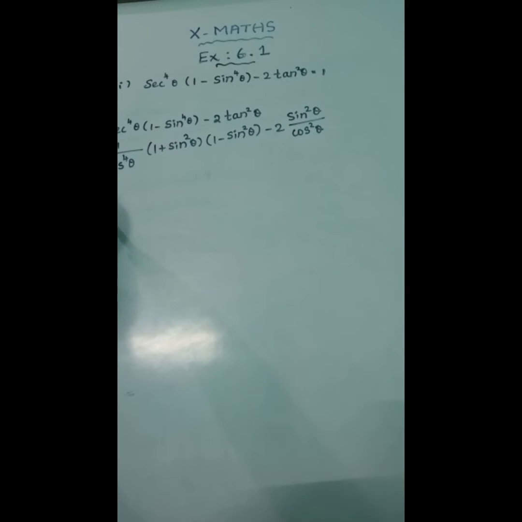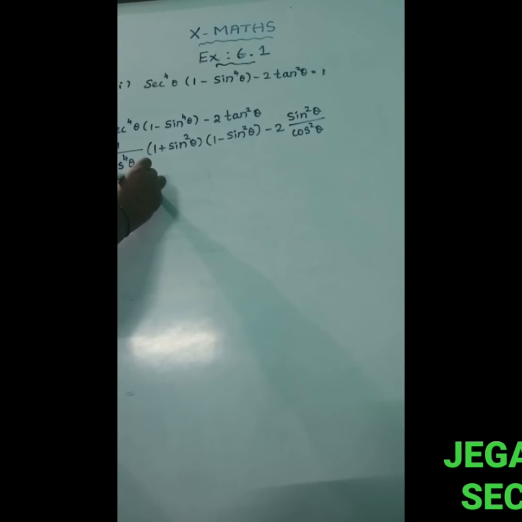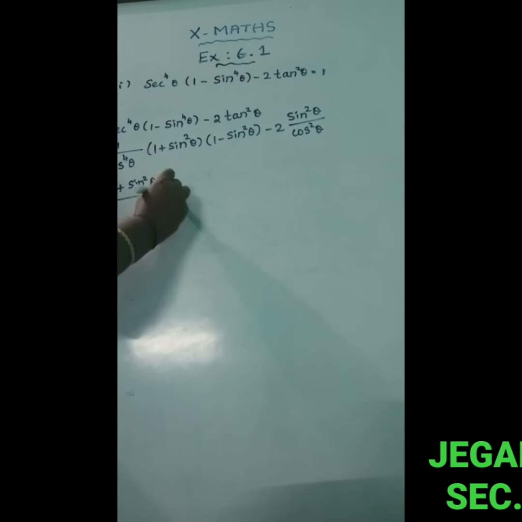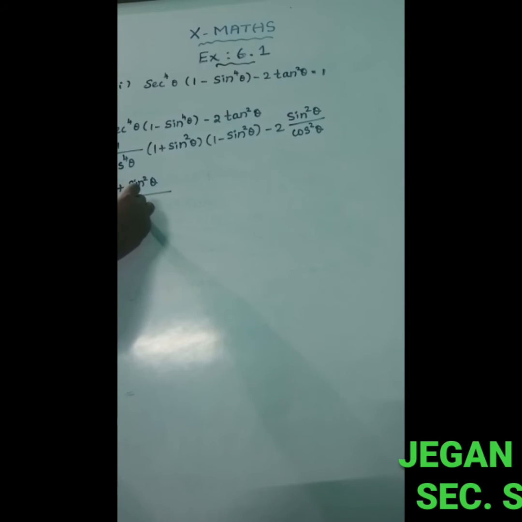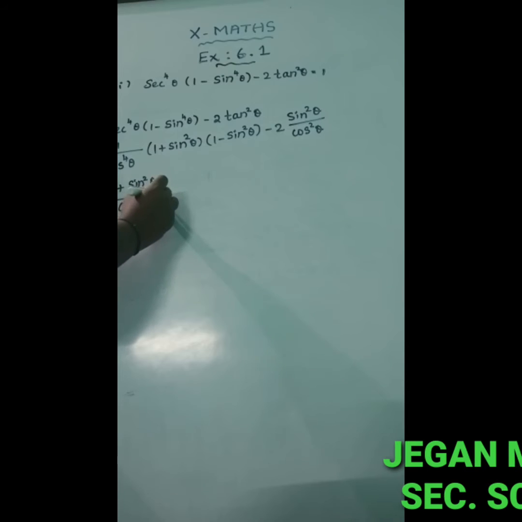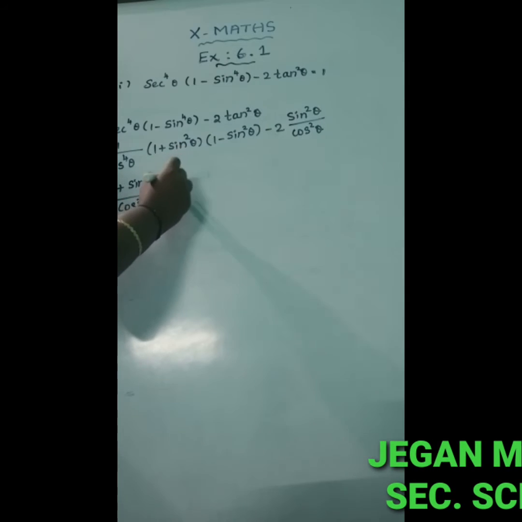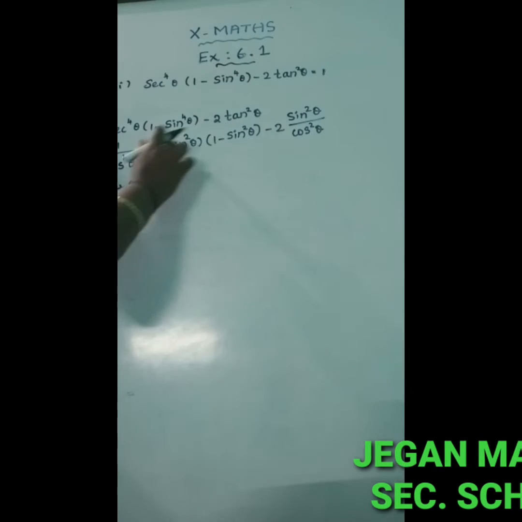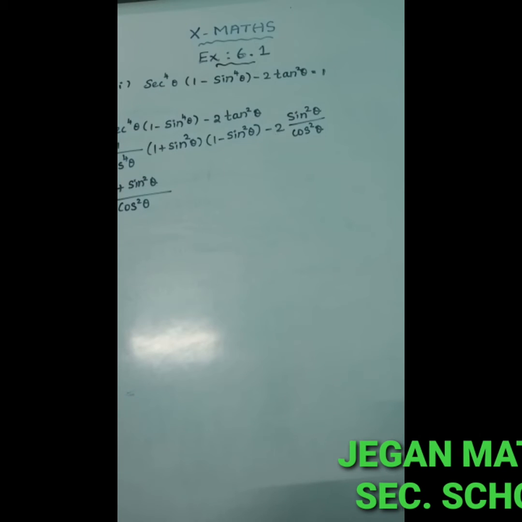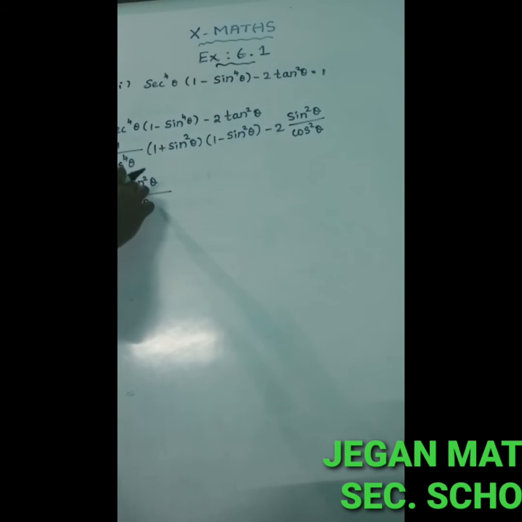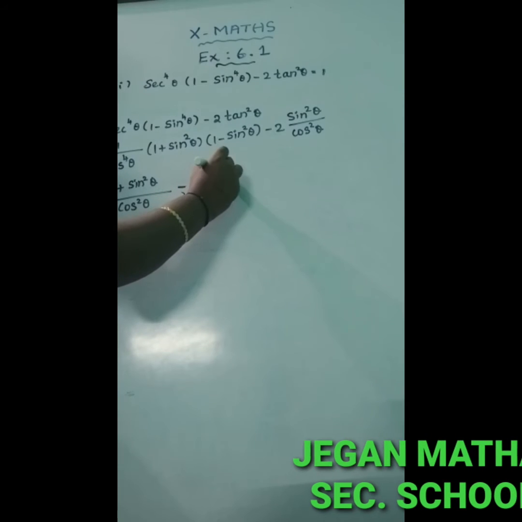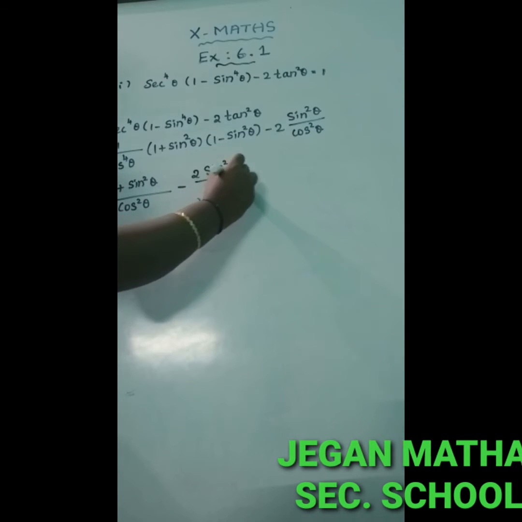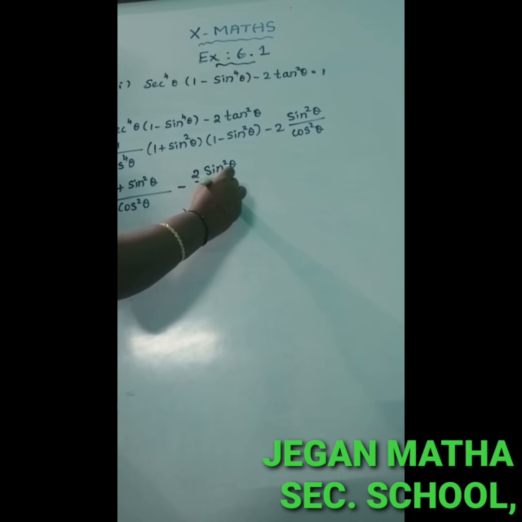Here a plus b into a minus b gives a square minus b square.